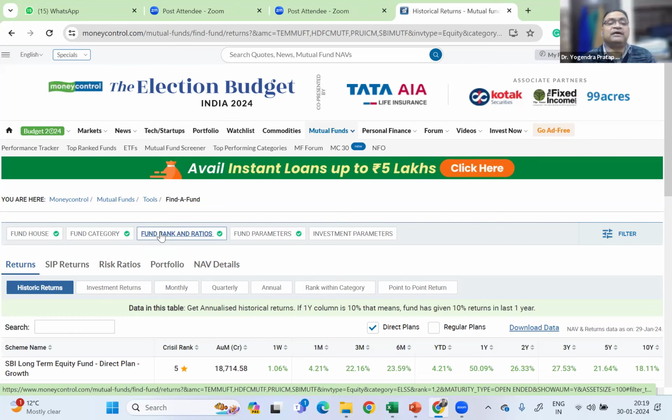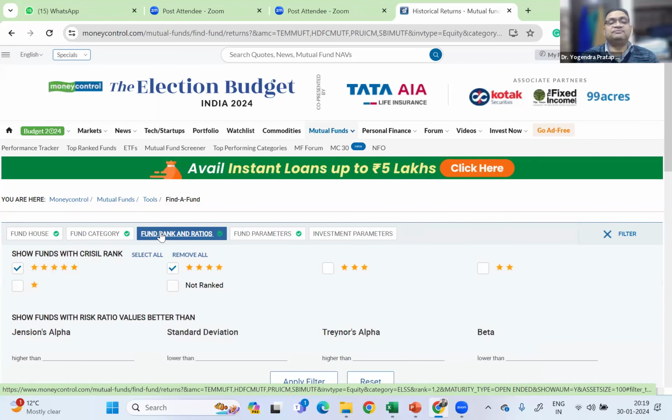Then come to fund rank and ratio. This is very much important. First remove all. Secondly, CRISIL, so funds with CRISIL rank. CRISIL is one of the popular credit rating agencies that ranks mutual fund schemes, because there are thousands of mutual fund schemes, and it is very difficult to identify which mutual fund scheme is best.